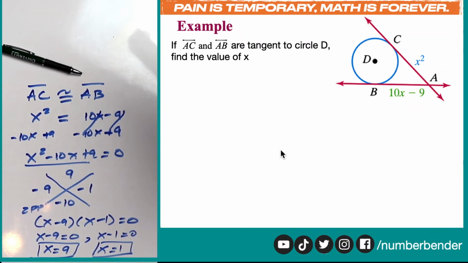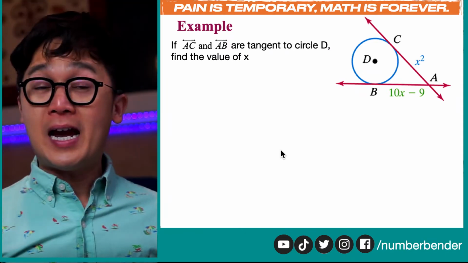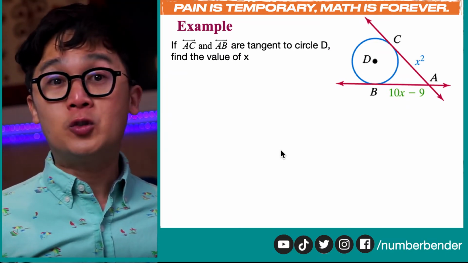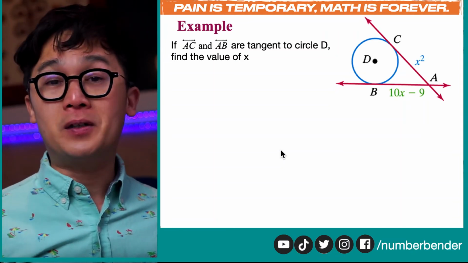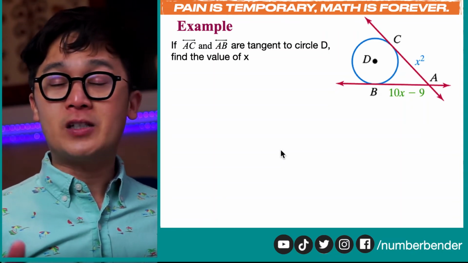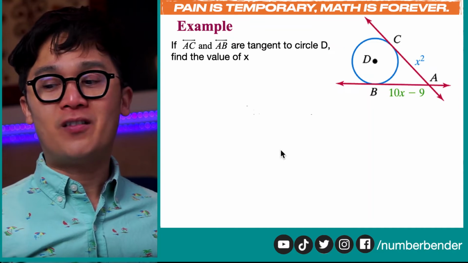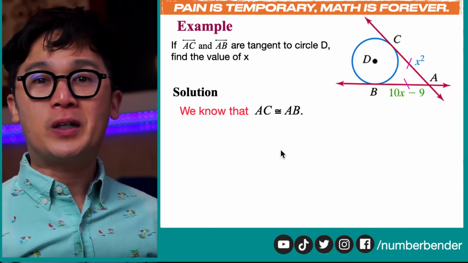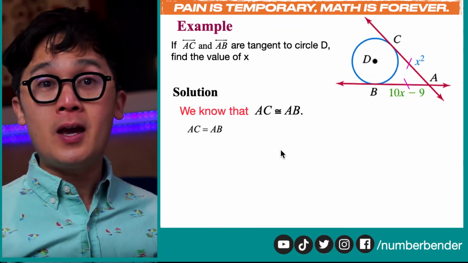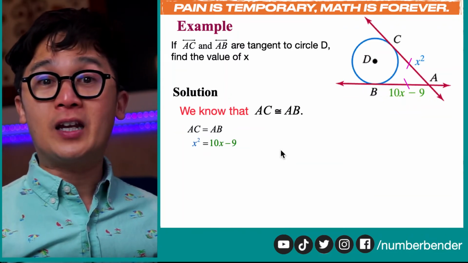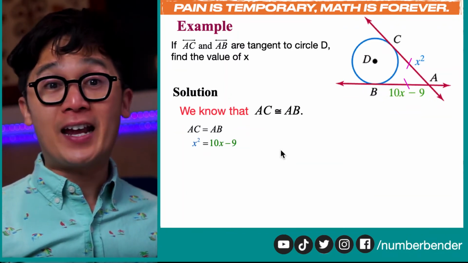So that means we have two values of x in our quadratic equation, which means we have two possible values for this particular illustration, and we're going to find that out from this slide. So now that we know that AC is congruent to AB, using this principle, we can equate x squared and 10x minus 9.